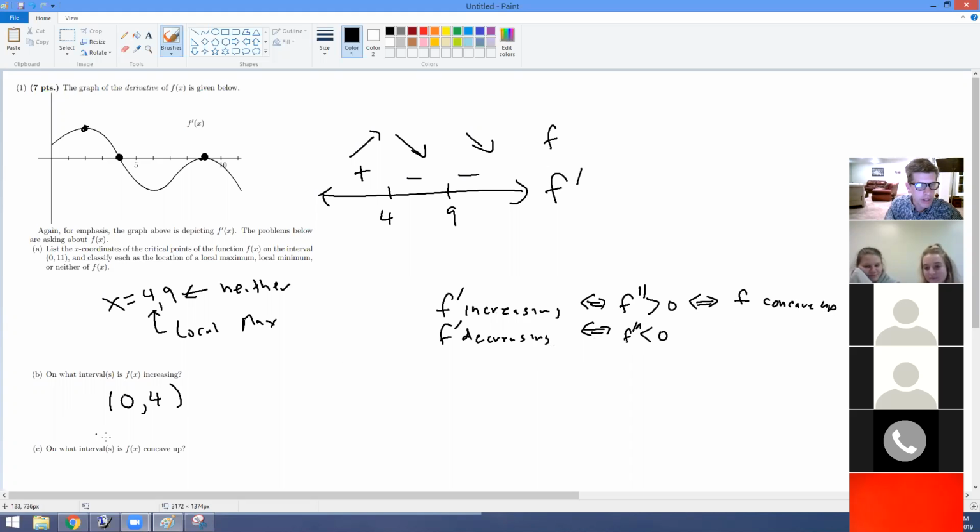So in part C, concave up, if we want concave up, then we want f prime to be increasing. Where is that happening? Whenever the slope of the derivative is increasing.